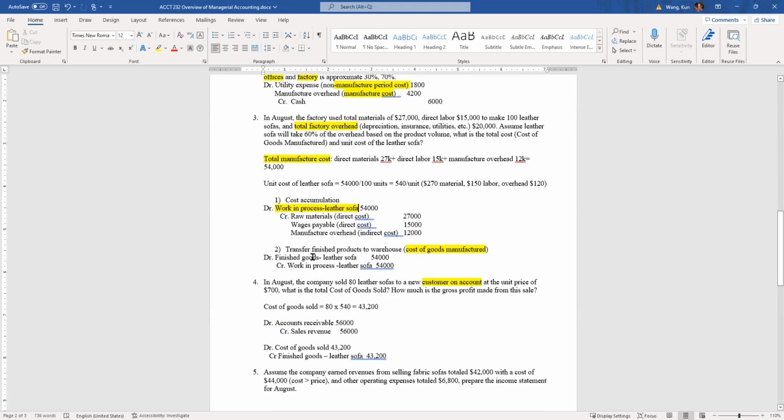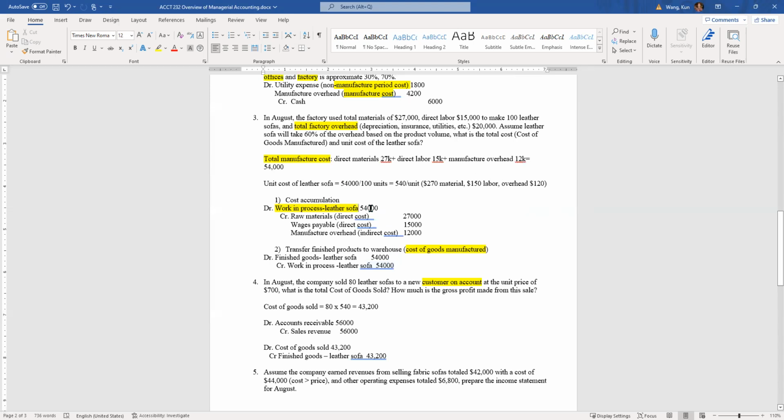So when we transfer the finished products, we increase the finished goods inventory by debit and credit the work in process by the total cost 54,000. If in other cases you didn't finish all of the 100 units, we only transfer the cost of the completed units, which is something smaller than the 54,000. And this cost we call cost of goods manufactured.